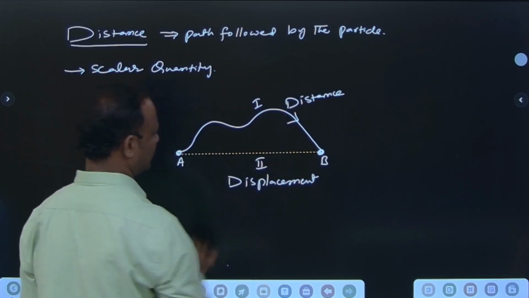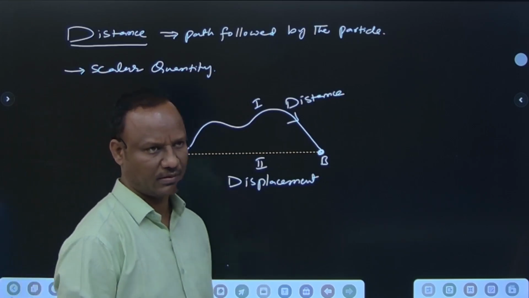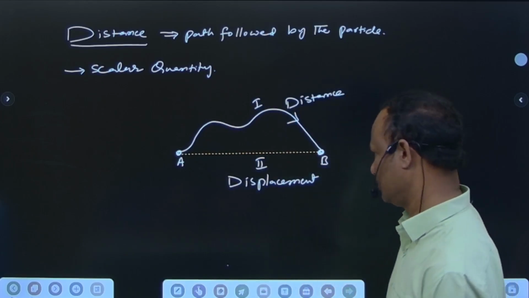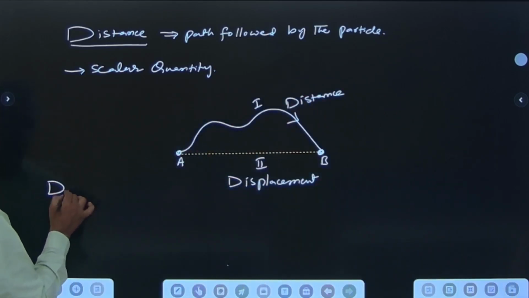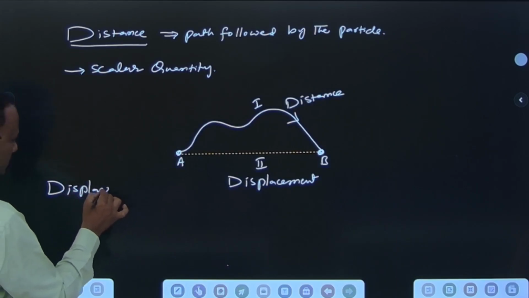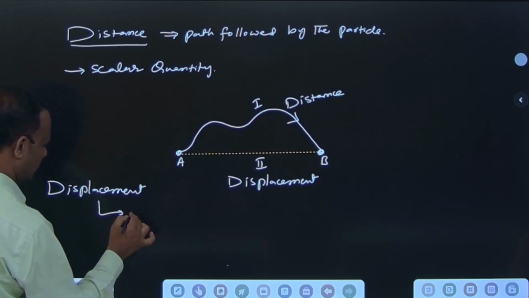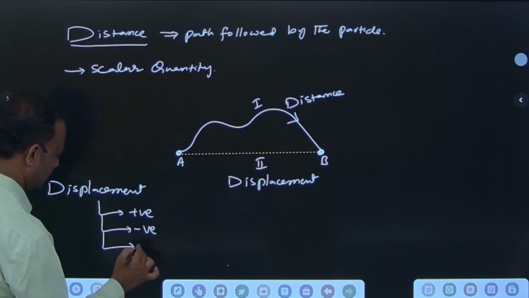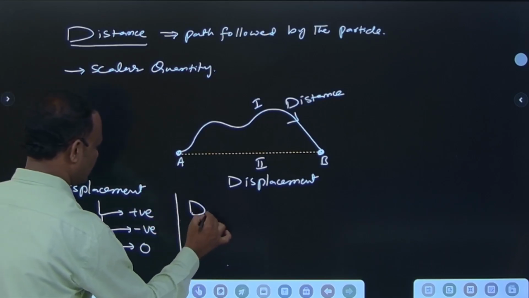Distance and displacement. Do you know displacement may be positive, negative or 0 also? Displacement may be positive, it may be negative, it may be 0.